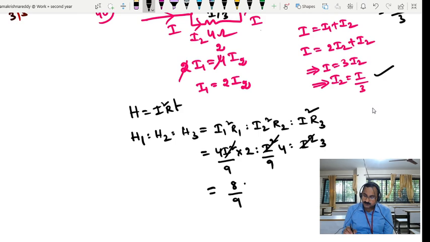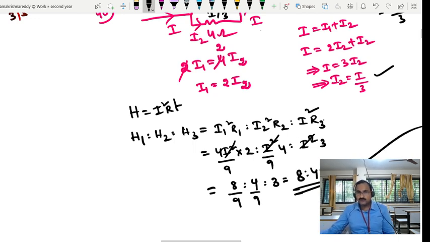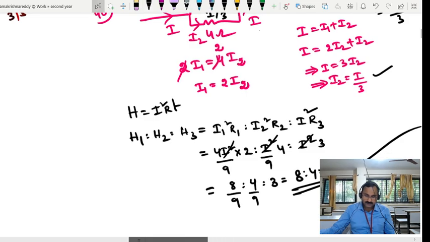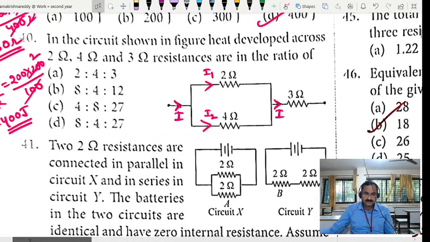So 8 by 9 is to 4 by 9 is to 3, that is 8 is to 4 is to 27. That is the fourth option we are getting there.